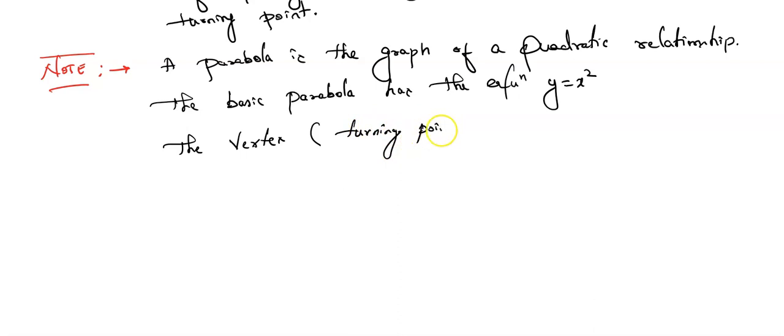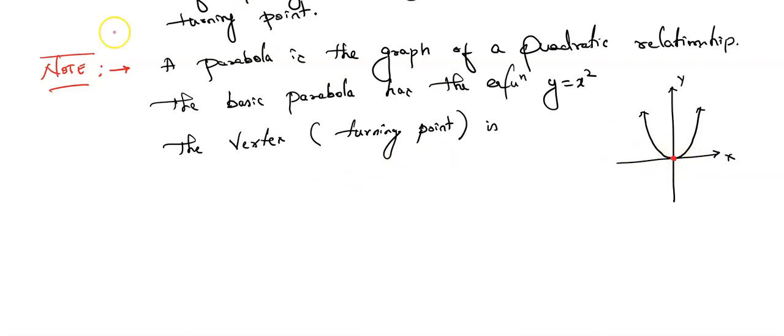The vertex, that's nothing but the turning point. Let me assume a parabola. This is my parabola. Okay, so this is my x axis and this is my y axis. As you can see, the turning point is this point, where the graph changes its direction.